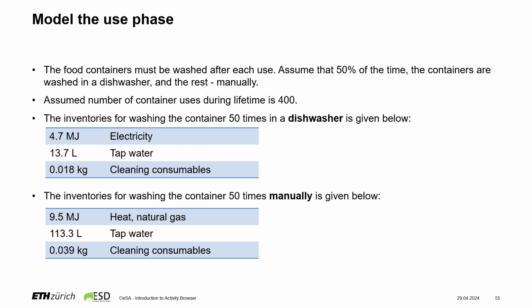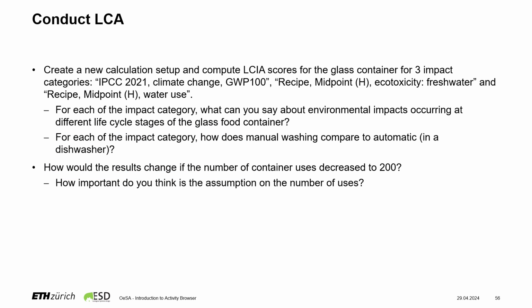Afterwards, you would also need to compute impact assessment for three impact categories, namely climate change, ecotoxicity freshwater, and water use, and see for which impact categories, which life cycle stages are more important, for example.